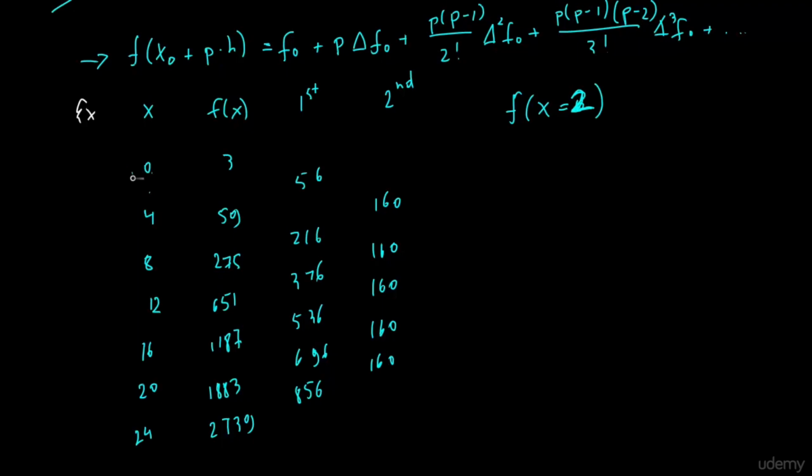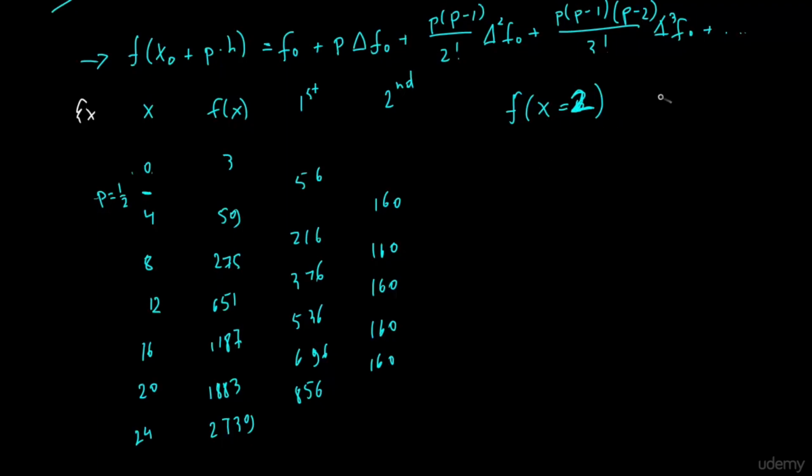So if this is x0, then p in this case is equal to 1/2. Remember, we agreed that p is a measure of the distance between the points. So p equals 1 is a whole distance, given that all our points are equally distant from one another. So p equals 1/2 is exactly the point that we want, x equals 2.